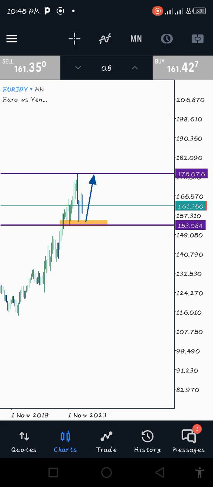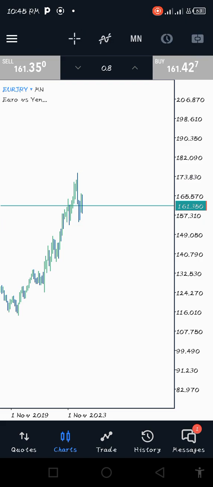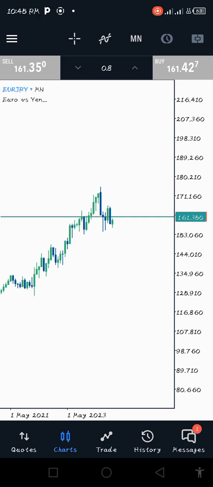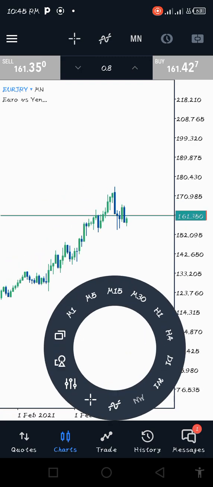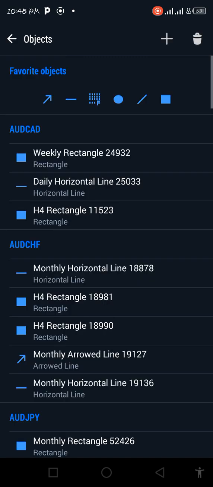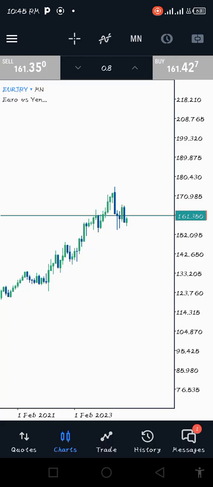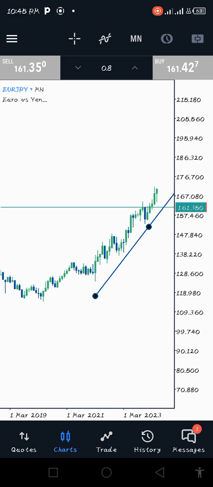This pair is moving up from the monthly time frame, that is from the highest time frame possible. This pair is actually moving up. Simple.